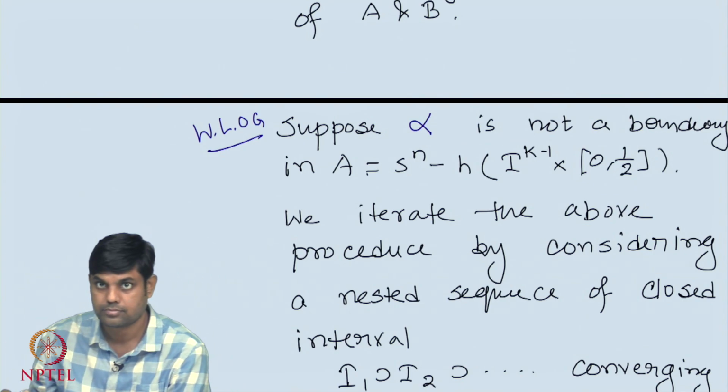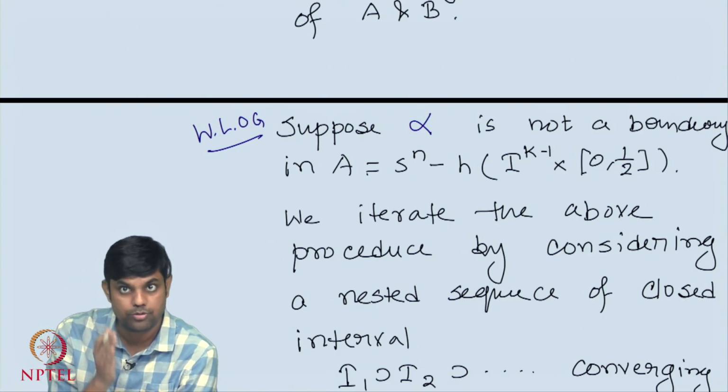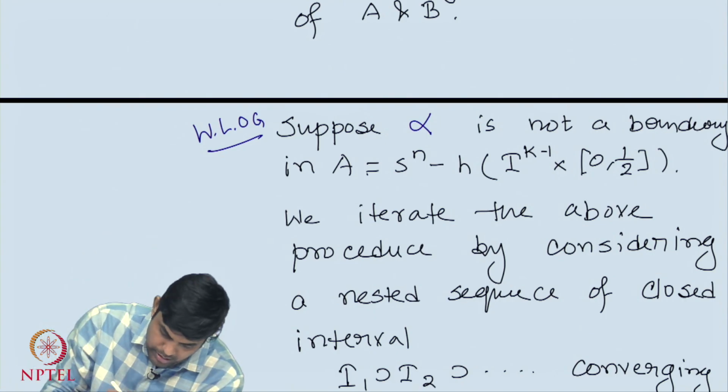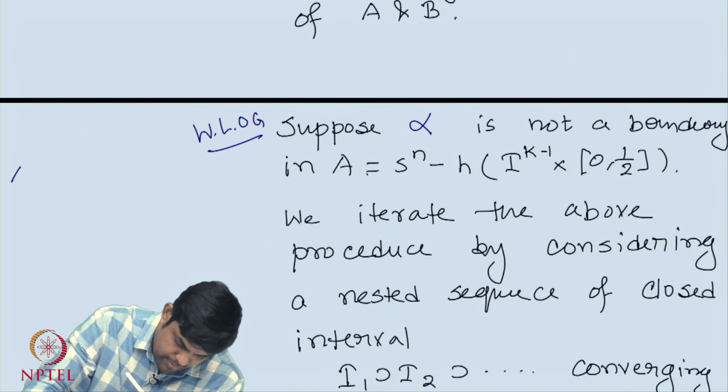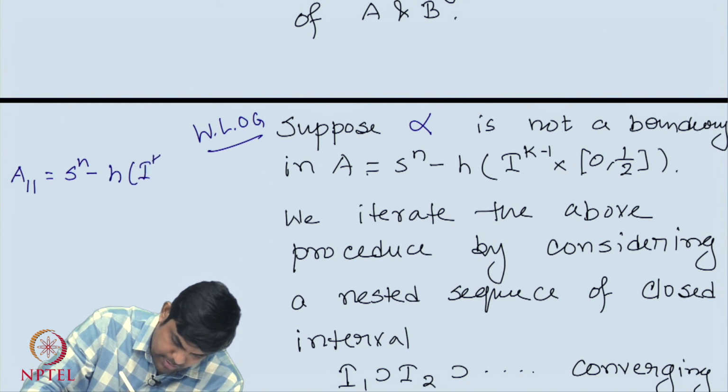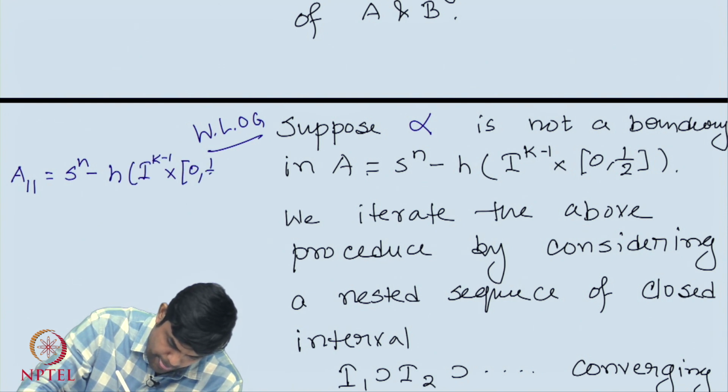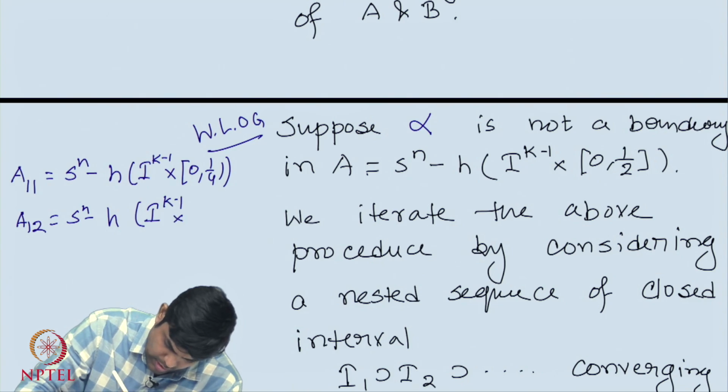One part will be 0 to 1 by 4 and the second part will be 1 by 4 to half. So, A11 will be S^n minus H of I_{k-1} cross 0 to 1/4, and A12 will be S^n minus H of I_{k-1} cross 1/4 to half.